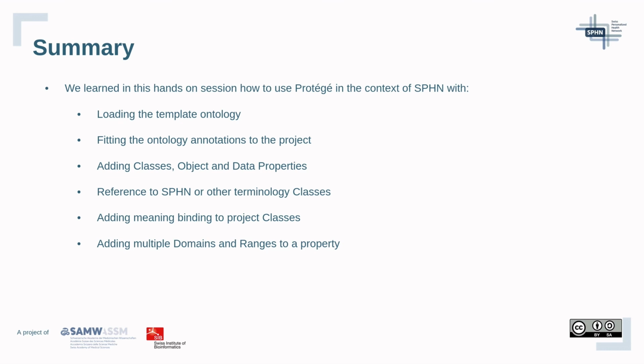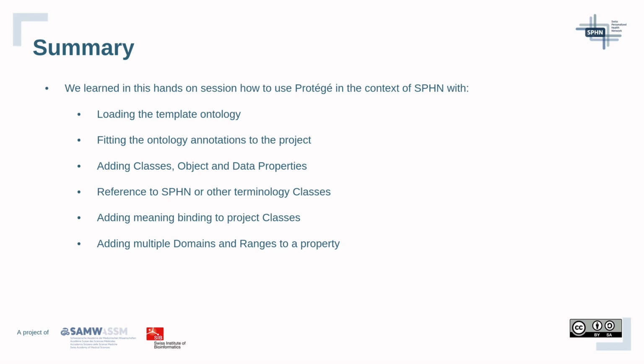You have also learned how to add and create classes, object properties, and data properties, and also add specific annotations to them, such as the RDFS label and the RDFS comment. You are also able to refer to existing concepts from the SPHN ontology or also make use of other terminologies like SNOMED CT and others that are provided in SPHN.